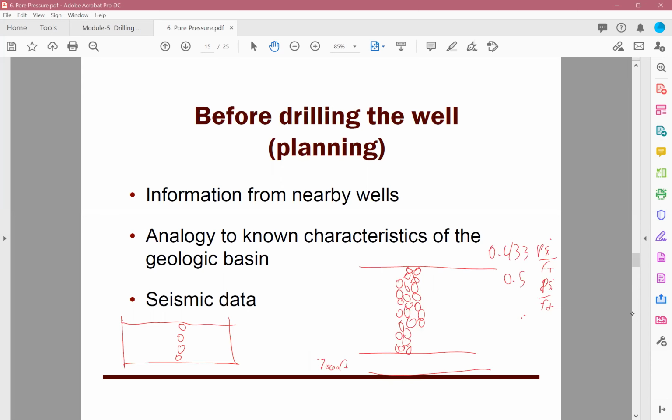Now, if you have an abnormal pressure gradient, then one of the reasons could be that you have a shale formation here that has very, very small permeability and porosity. So it blocks the communication between the formation and other rocks.